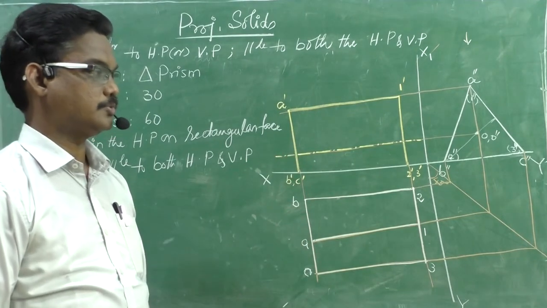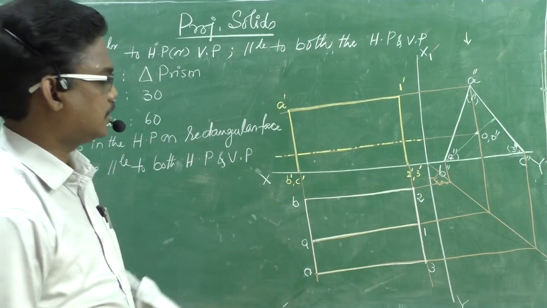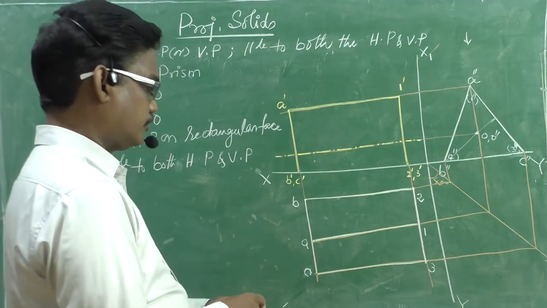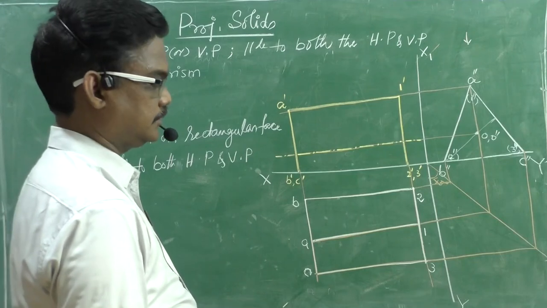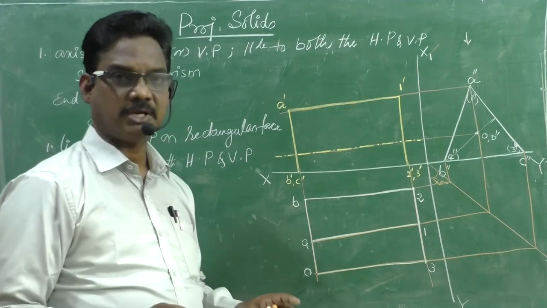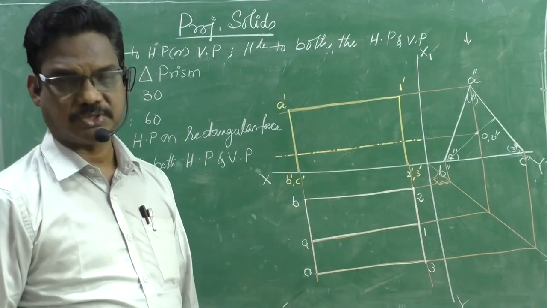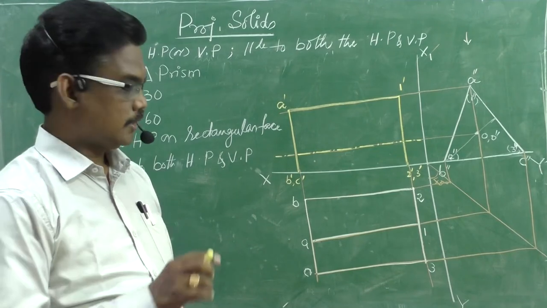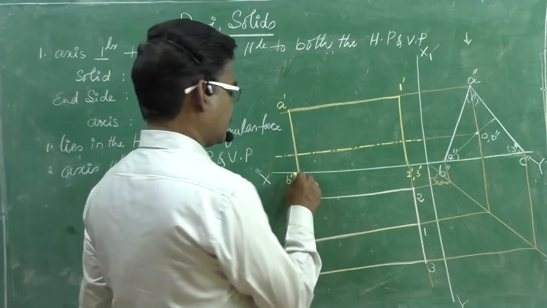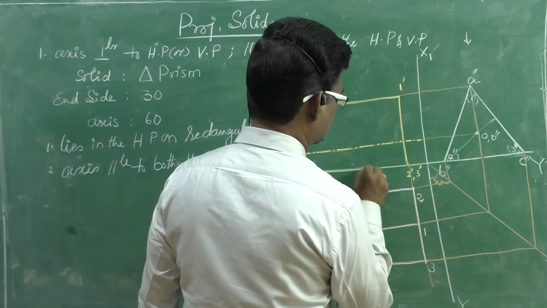Front and top views. Here you observe that I am not writing the front view, top view like that. Actually, if you write it, that is good. Otherwise, after completion of the diagram, this is totally first angle projection. Therefore, you can draw the symbol of first angle projection. Here, we need to darken this face also.